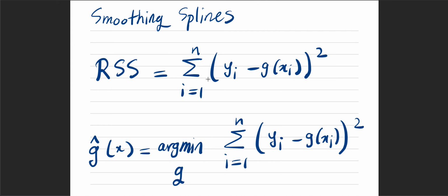We want this residual sum of squares to be as small as possible. In other words, we find the function g such that this is as small as possible. We call it g hat. And if we don't put any constraint on g, then we can always make this 0 by having g of xi being equal to yi.